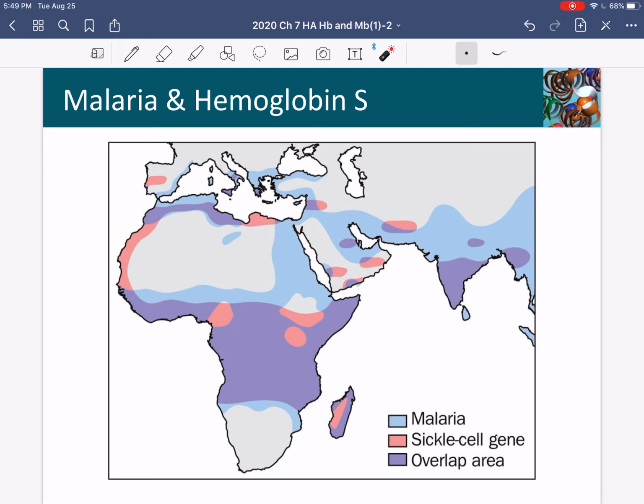Now, if both parents have the sickle cell trait and you have a child with sickle cell disease, then they're more likely to die and not benefit the population. But having this heterozygous trait actually does confer resistance to malaria on the population.